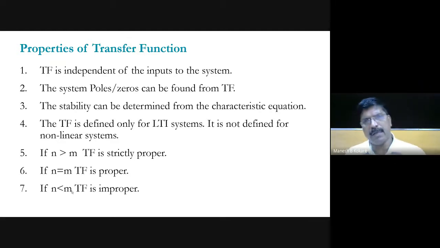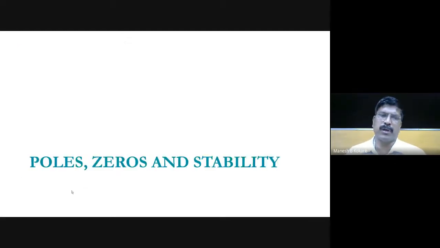Now we will see the concept of poles, zeros, and stability, right? Up till now, we have studied what is a transfer function, strictly proper transfer function, proper transfer function, improper transfer function, physical significance of that, uses, advantages, disadvantages, and properties of the transfer function.